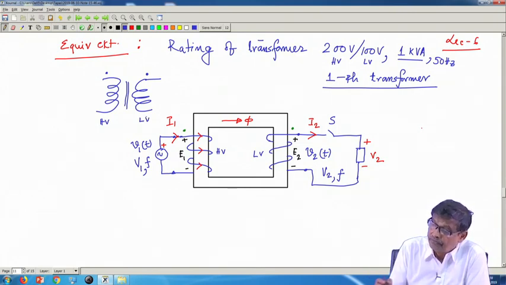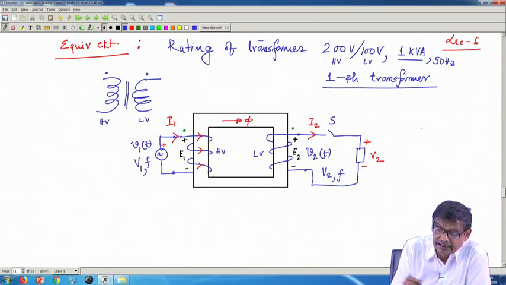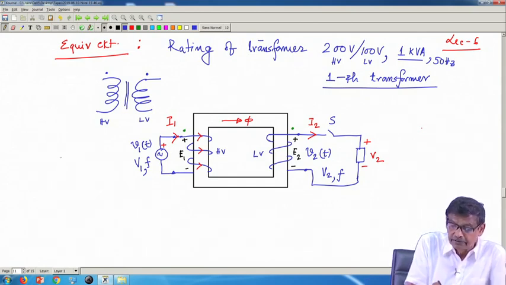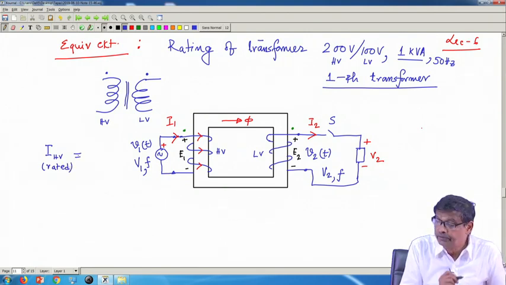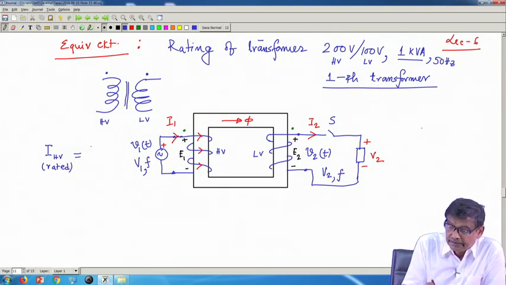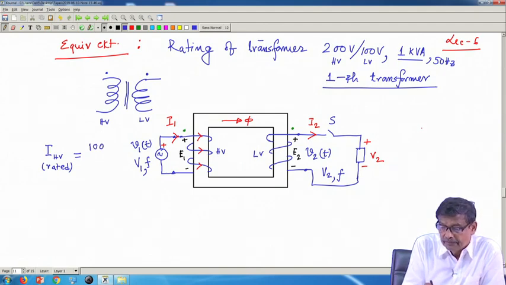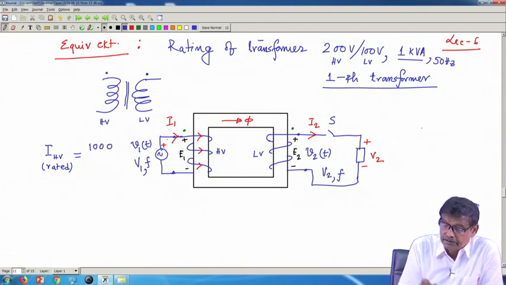Now, from this I can calculate the rated current of the HV side, I HV rated. It will be the kVA, 1000 volt-ampere, divided by 200, so much ampere.